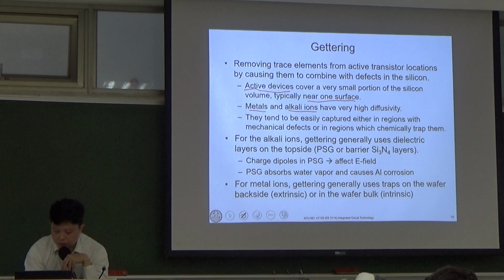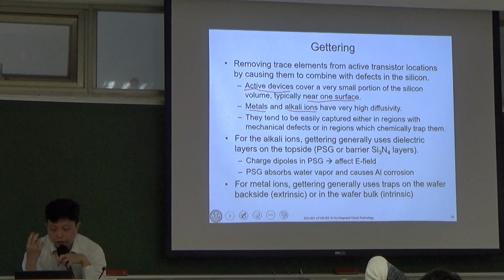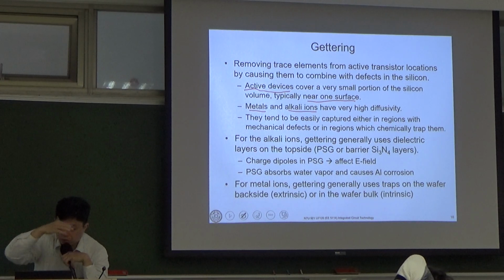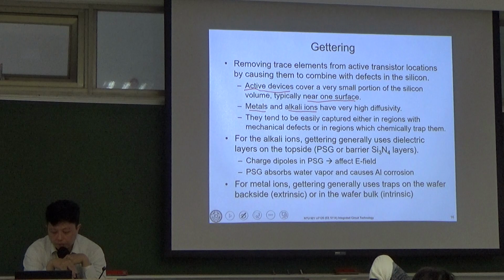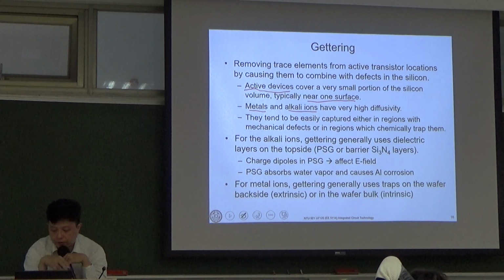And so there are two ways to get rid of those defects, those ions. One, you can do it from the surface side, the front side, where we can use some dielectric layers to help us to capture those ions.